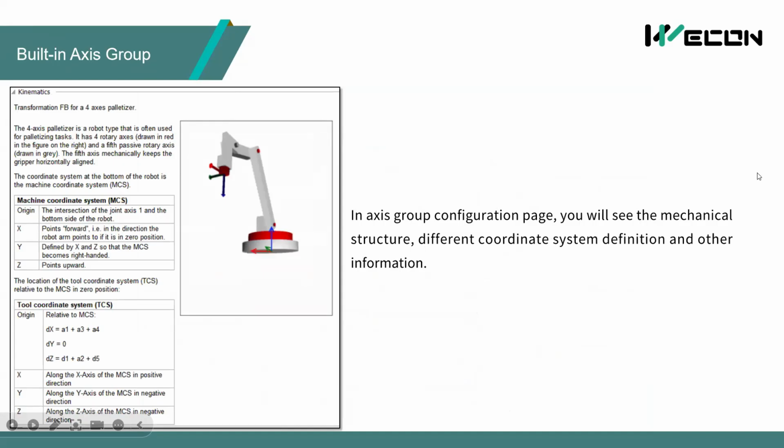This is one of the built-in axis groups. This robot has 4 axes: 1, 2, 3, and this part can rotate, so this is axis 4.